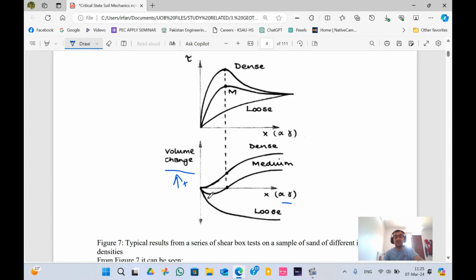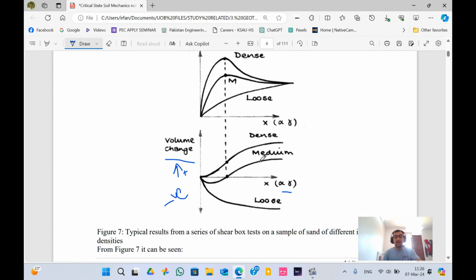The loose soil goes down here, which is the phenomenon of contraction. If you apply a lot of stress over loose soil, it undergoes contraction. Contraction basically means that it is reducing in size. Then medium density soils tend to undergo states in between these two.